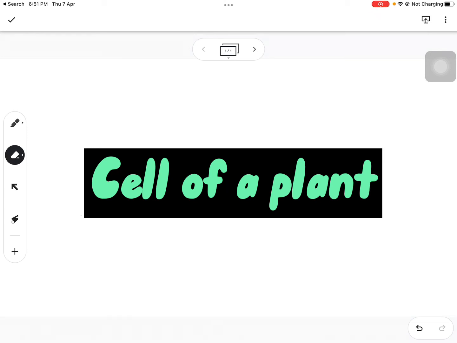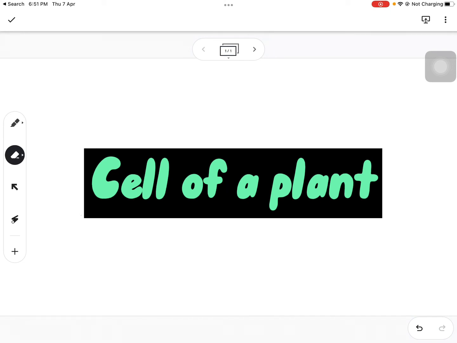And you will see that it is made up of a very large number of tiny boxes. And the cells are not only boxes, they are rectangular, hexagon, circle, oval, and so on.